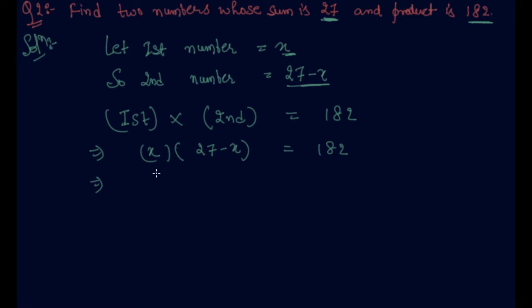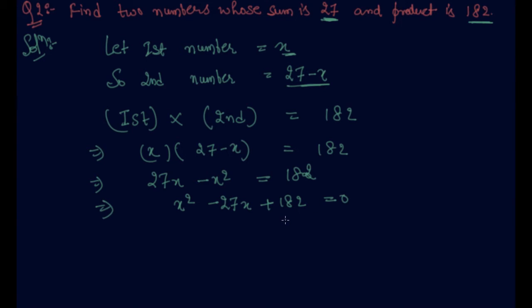So we will get 27x minus x square equals 182. Let us take all the terms to the right side, which gives x square minus 27x plus 182. So this is a standard quadratic equation and we have to find out the roots of this equation.